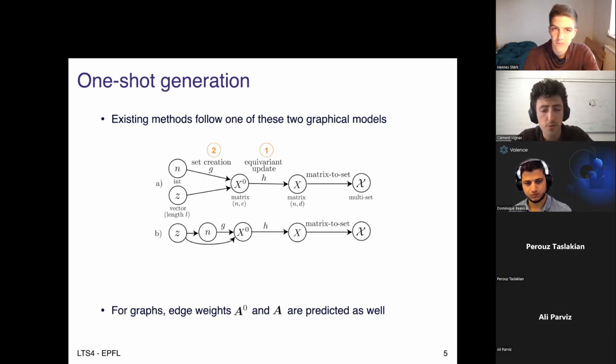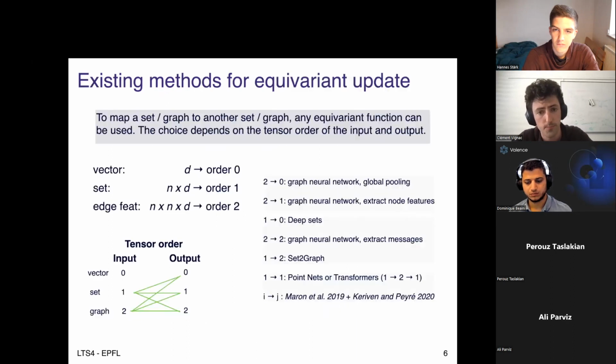So first, I will talk about the update step because it's simple, and then we'll see the challenges of creation. For the updates, we have a set or a graph. We want to map it to another set or graph. This is the standard framework of equivariant networks. And depending on the order of the input, whether it's a vector, a set, or a graph, and the order of the output, all the functions exist and have a name.